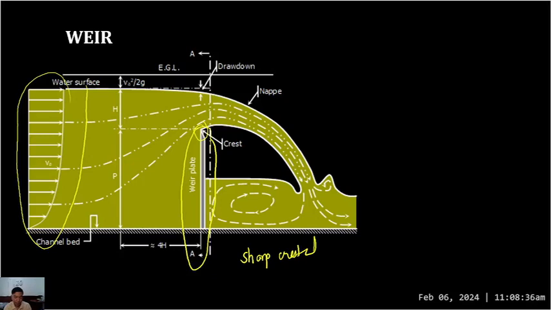Ang nangyayari, yung streamlines natin nagko-contract sila. As you can see, merong drawdown na nangyayari dito sa may channel of approach. Yung drawdown nangyayari siya sa point kung saan nagkakaroon tayo ng velocity of approach. Ang value ng velocity of approach, siya yung average value ng velocity ng tubig dito sa may channel natin.